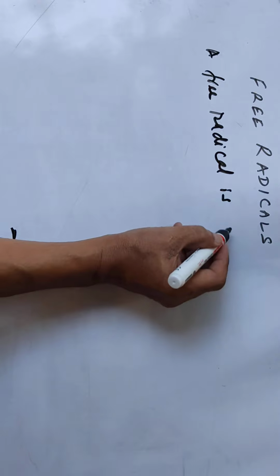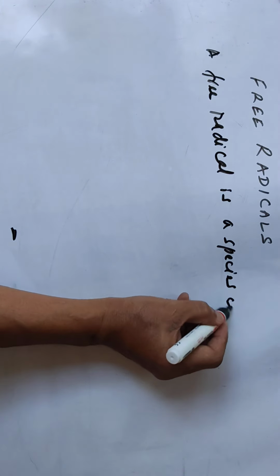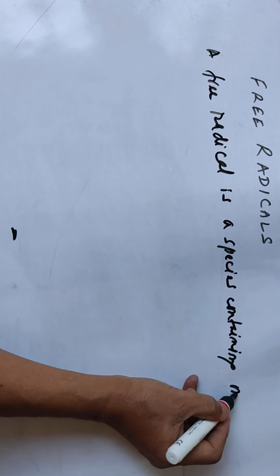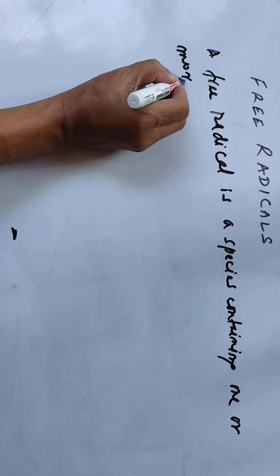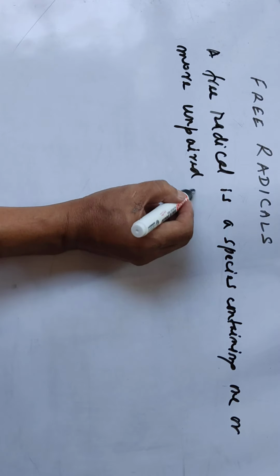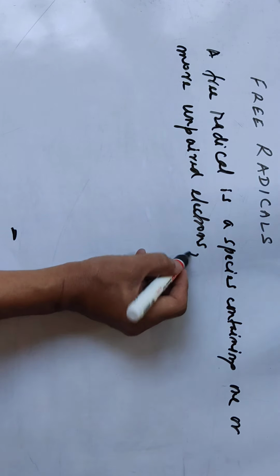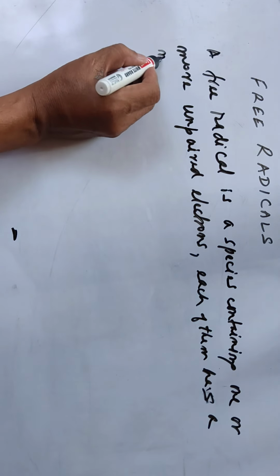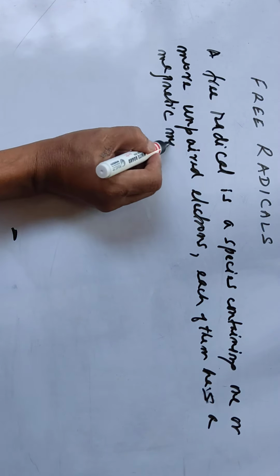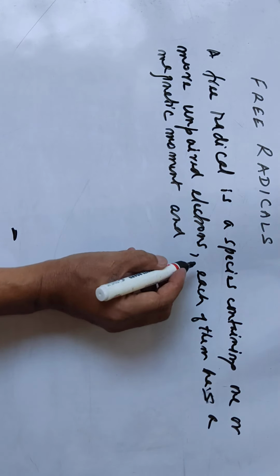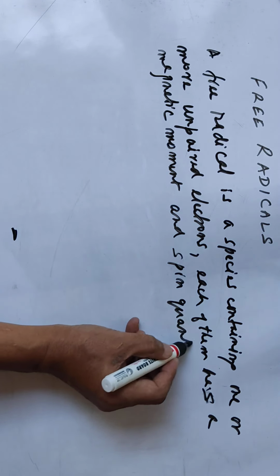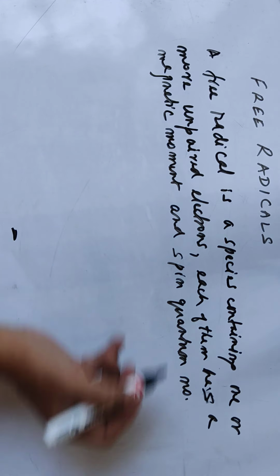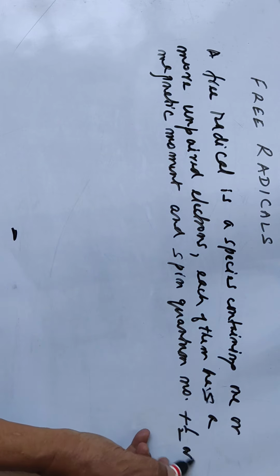Each of the electrons has a magnetic moment, and the spin quantum number is either plus half or minus half.